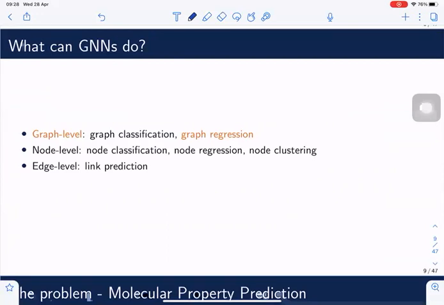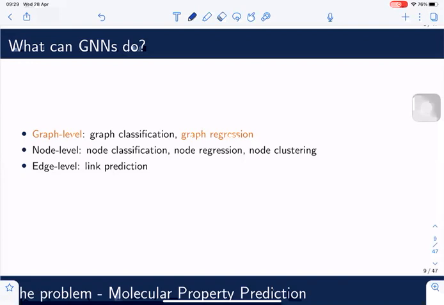Definitely, after you get the representations for the nodes in a graph, you can do a lot of work, right? Because you have already got the input. You can do graph classification. You can also do graph regression. And for the node level tasks, you can make predictions for the nodes. You can classify nodes. You can predict an individual property for a node.